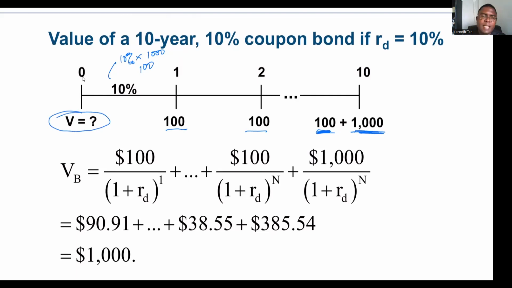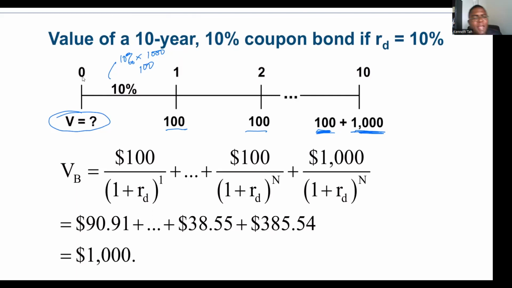So we bring it to time zero because it is the value, or the price, the worth of this bond. If this bond is going to generate $100 period after period for 10 years and the par, what is the value or the price of the bond?